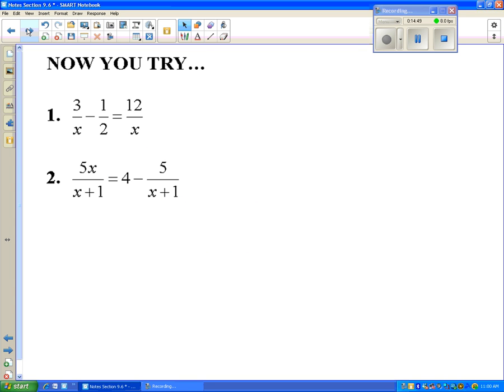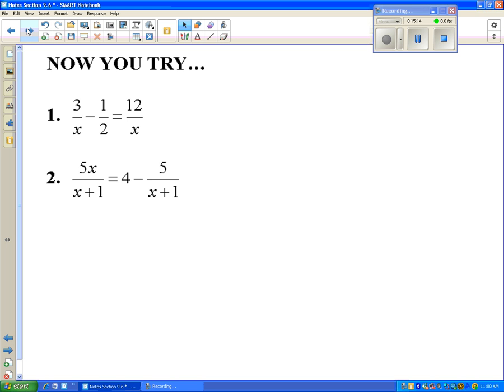Now try your own. You have another page, 2 pages of examples, that if you want to try just to make sure it makes sense to you, you can. But I'm not going to take the time to go through them because it's the same type of problems. Again, here on number 1, I'm just going to talk through them real quick.